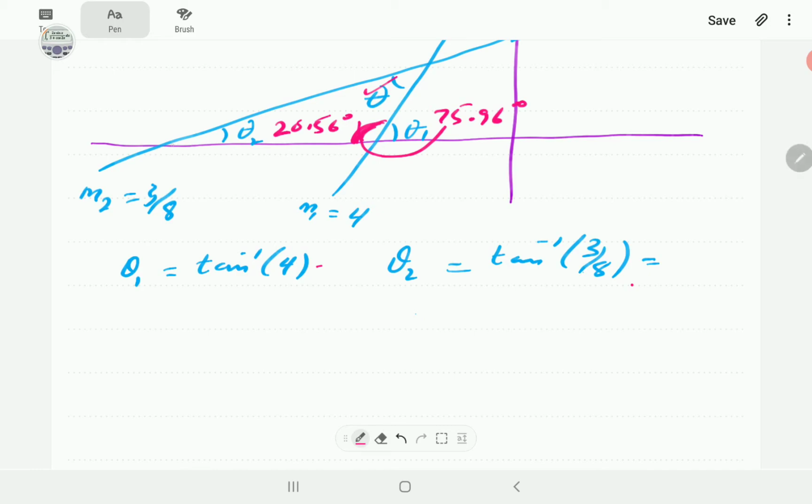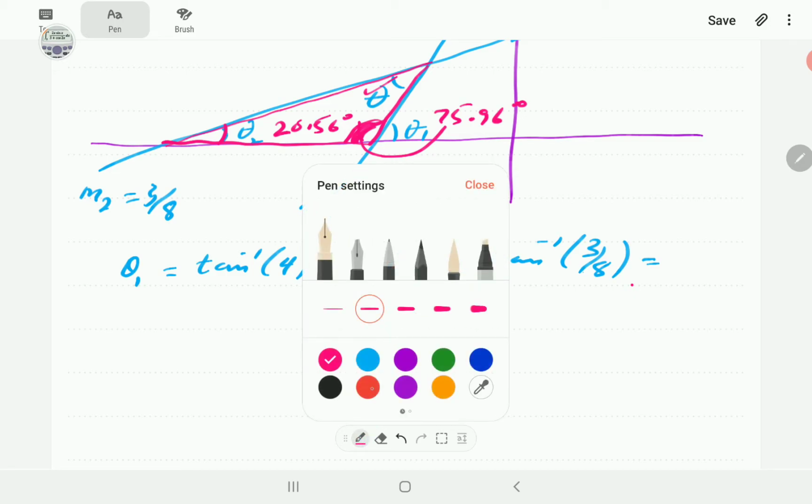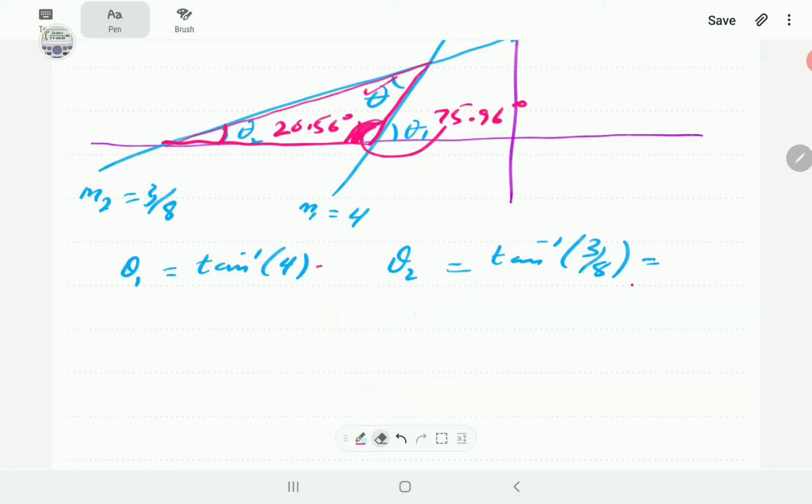And then using this triangle here, we know that this angle plus this angle plus that angle must add up to 180.